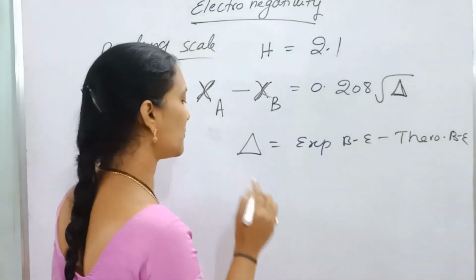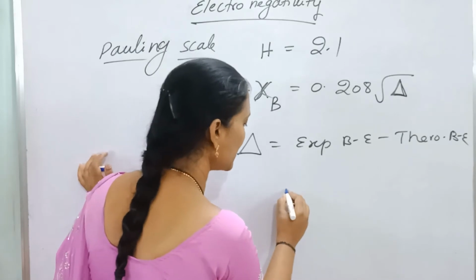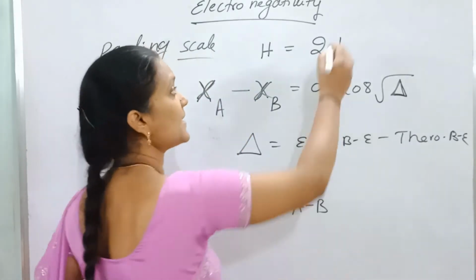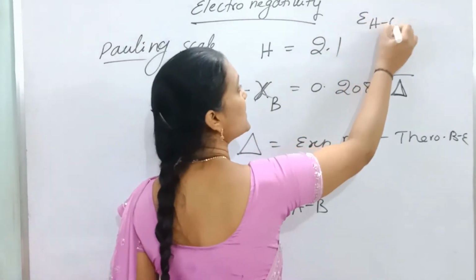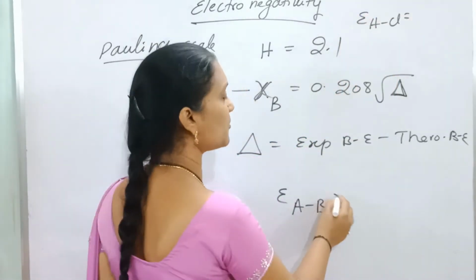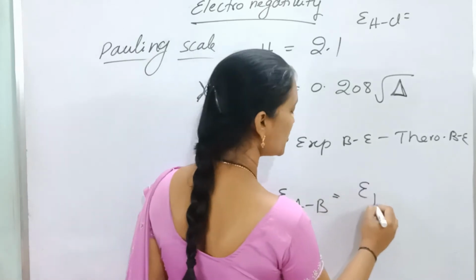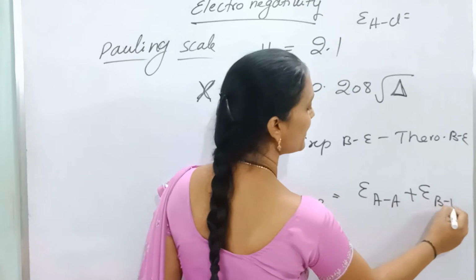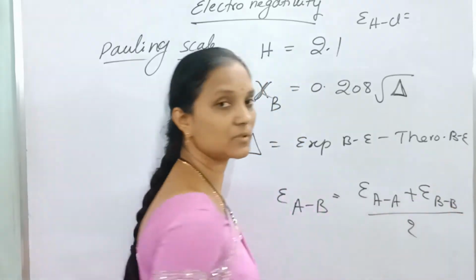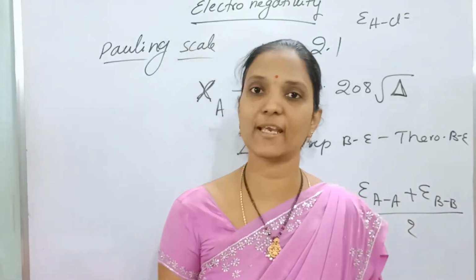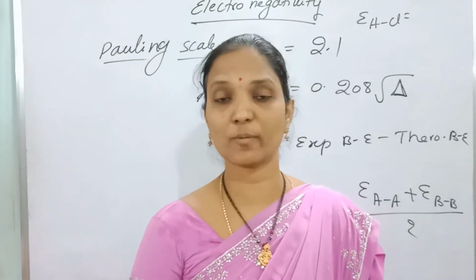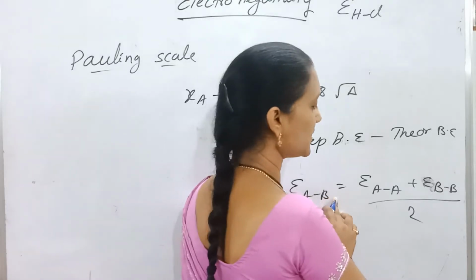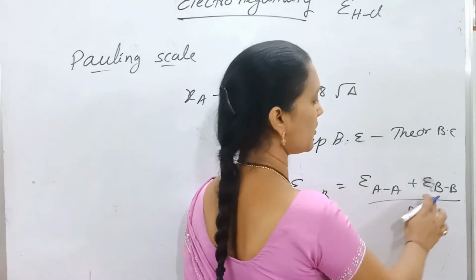What is this theoretical bond energy? How are we taking bond energy? For example, the AB bond energy, which is nothing but HCl. What is the HCl bond energy given by? The AB bond energy is the average of the bond energies of AA and BB in the homoatomic pure state: AA bond energy plus BB bond energy, divided by 2.